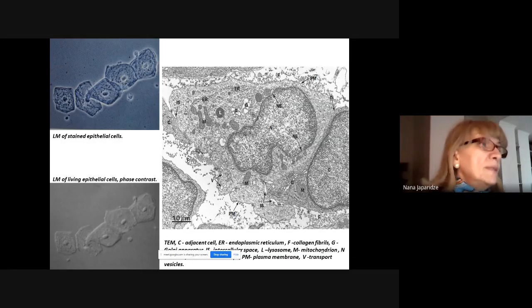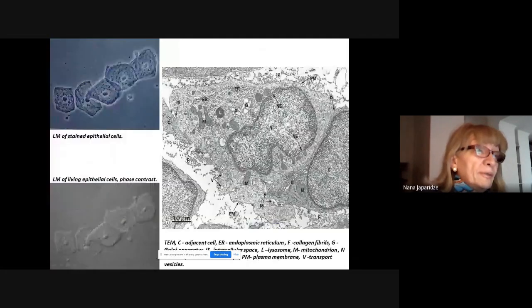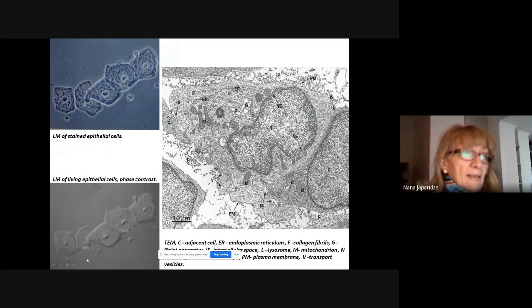Look at what you can see here. Do you remember this image? We see here an unstained tissue sample. This is light microscopy of living epithelial cells, and they are unstained.